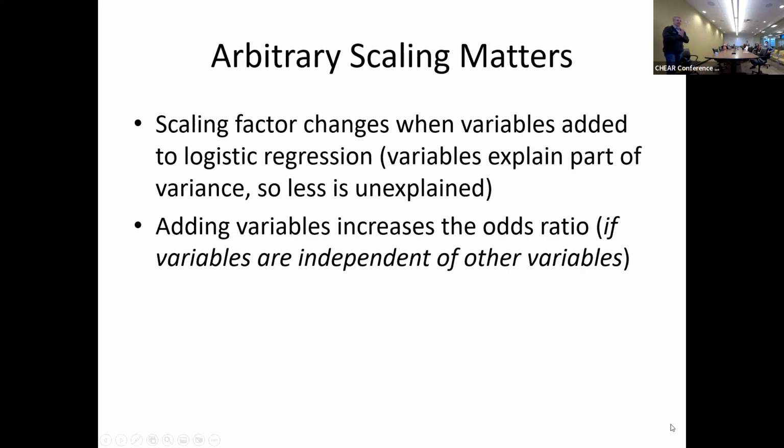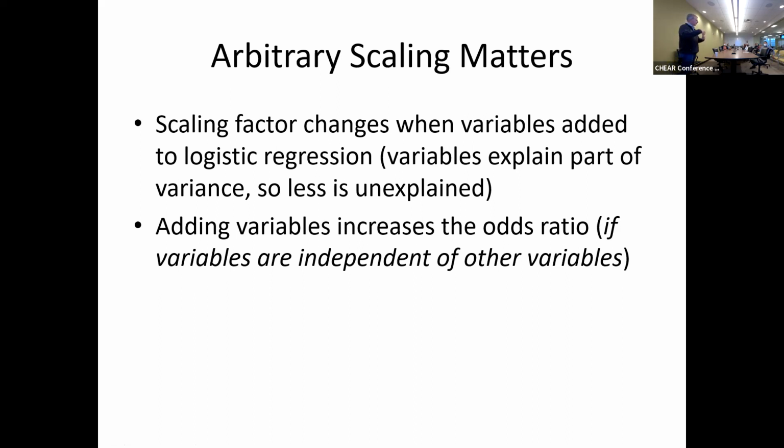So let's go back to the scaling factor. The scaling factor is going to change when variables are added or eliminated from a logistic regression. When you add variables to a logistic regression, you explain more of the original variation in the dependent variable, the same as you do for ordinary least squares regression.